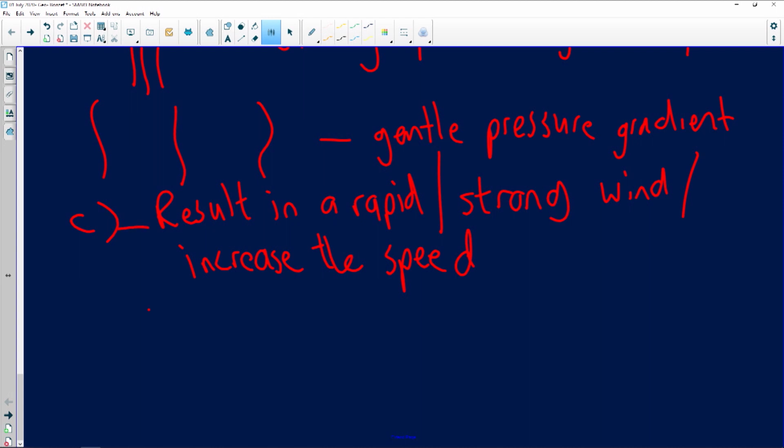Okay, you can also mention the air will heat up very quickly.